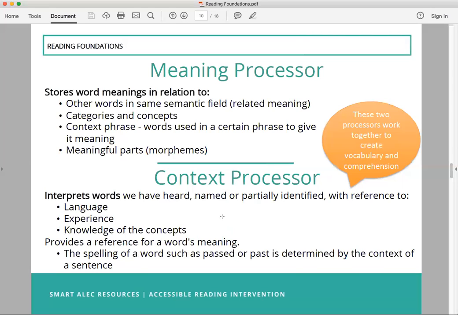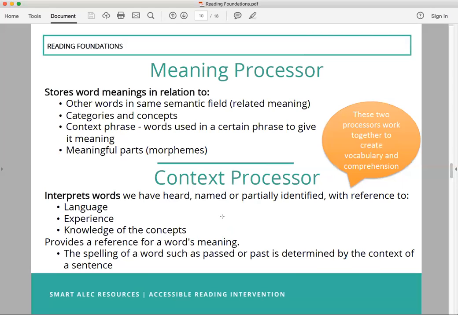Also the context processor. So this is, again, that deeper level of interpreting words that we've heard, named, partially identified, with reference to what we know about the English language, experiences that we've had, and knowledge of concepts. This is really important because oftentimes when we teach decoding, the way that we actually pronounce the word or that we've heard the word and know the word is not exactly the way that it's decoded.